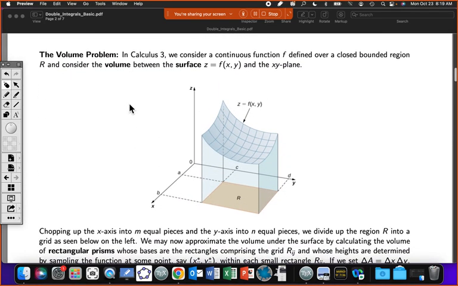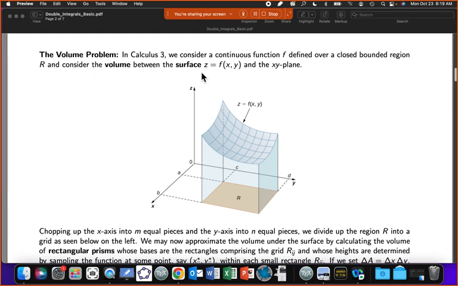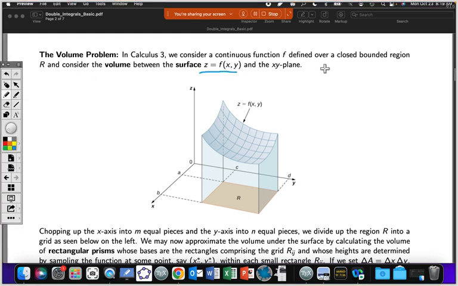So if we look one dimension up, the analogous problem in Calc 3, instead of looking at a function y equals f of x, we'll look at a function z equals f of xy. And instead of looking at the area between the graph of that function, which is a curve, and the x-axis, we could look at trying to figure out the volume between that surface and the xy plane over a closed bounded region.